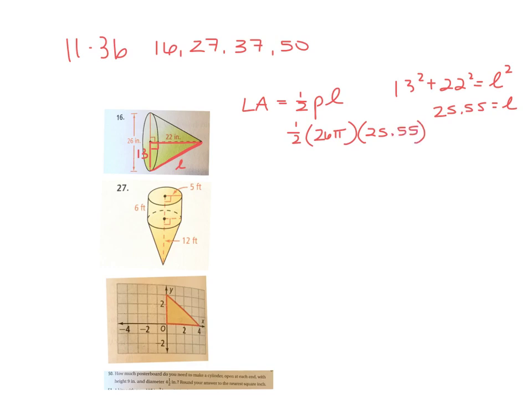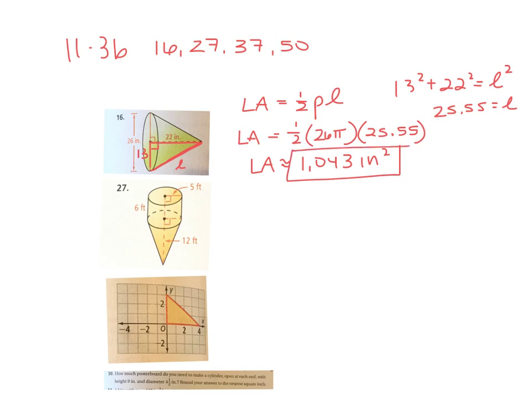They ask you for the nearest whole number. So if you just plug all this in, you would do 1/2 times 26 pi times 25.55. And you would get a lateral area of approximately 1,043 square inches.